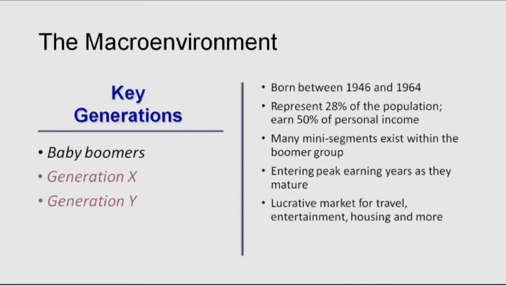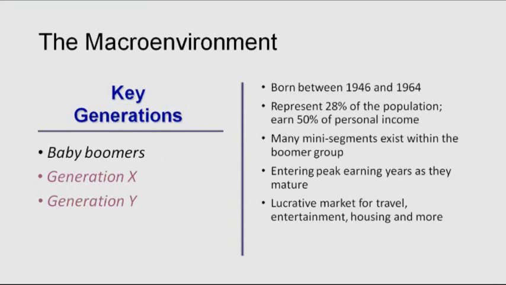Okay, so eto na class. Let's discuss first under macroenvironment, the key generations, which is the first one is baby boomers. So sila yung pinanganak between 1946 and 1964. Represent 28% of the population and earn 50% of personal income.